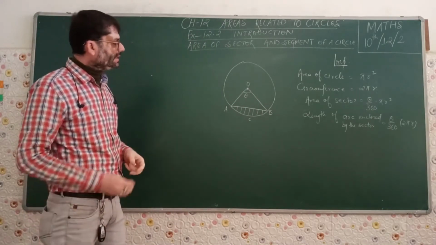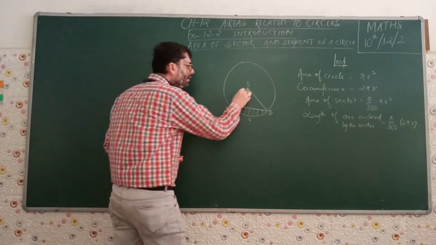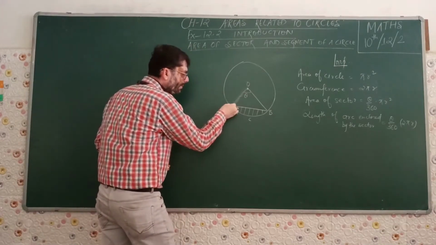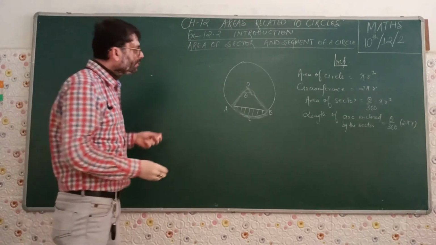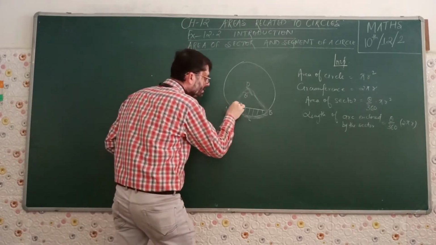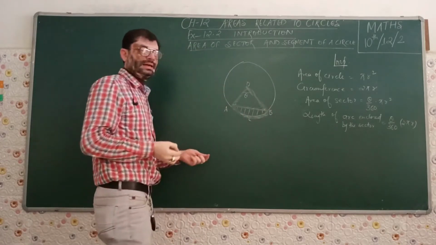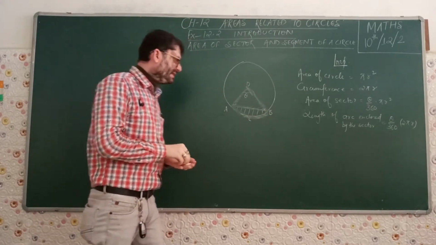Now, if you observe very clearly, this is my sector. From the sector, if you subtract the triangle, you get the area of the segment.